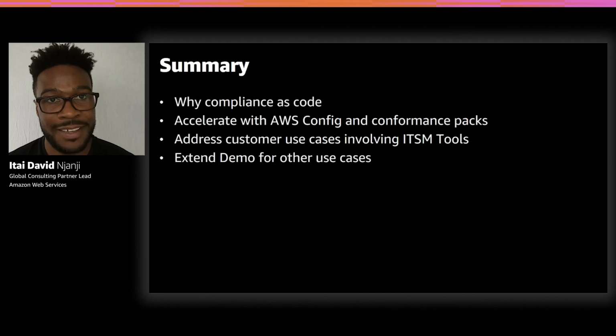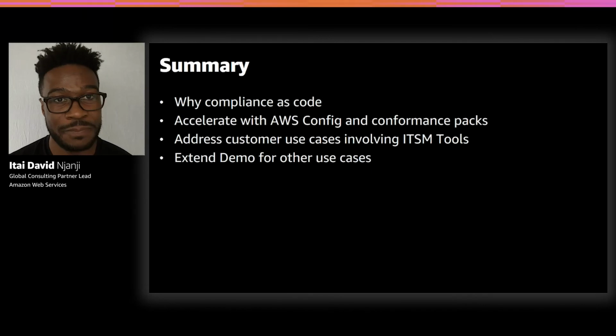So we're back and we have experienced what an art of possible demo looked like. At this time, I want to bring everything together in a summary. So what have we done today? First, we started with the concept of compliance as code, what it is, why we need it, why we should treat it as a piece of software, as code that is consistently deployed.